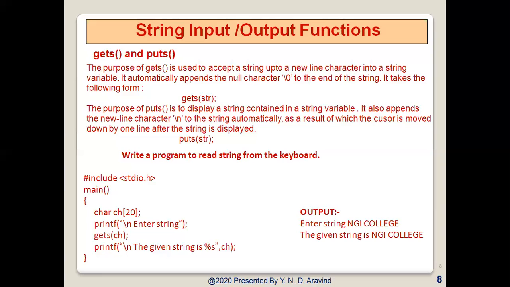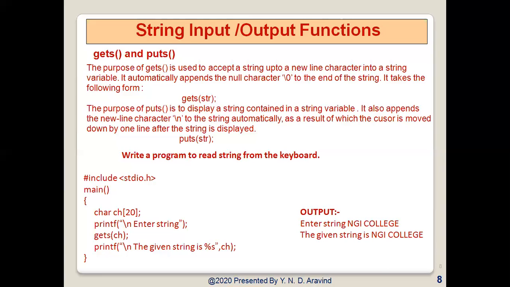If the given string is my name is computer, the entire string gets accepted by str. Now let us see the print command, that is puts. The purpose of puts is to display a string contained in a string variable. It also appends a new line character \n to the string automatically.